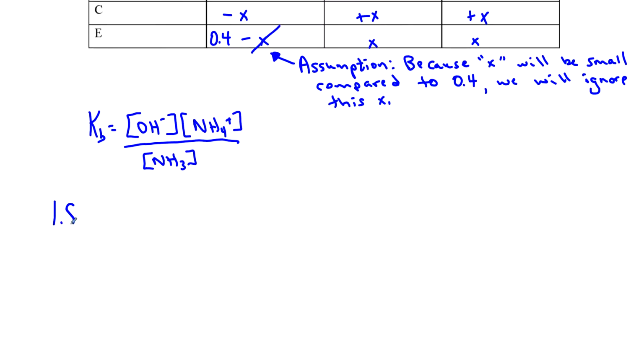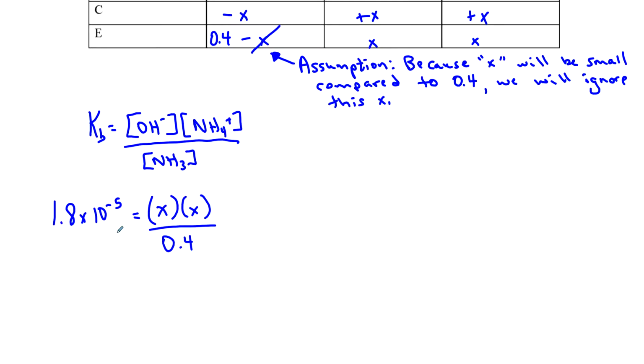So 1.8 times 10 to the negative 5 equals x times x, which I'm going to use for these, divided by 0.4 for the concentration of NH3. I'm going to start by cross multiplying.